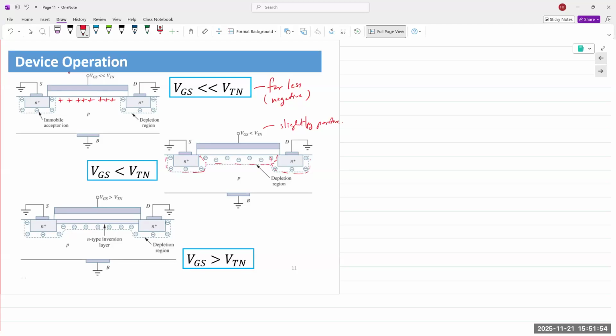So now everything has merged together. This is the accumulation state. This is the depletion state. And finally here, we have the inversion state.